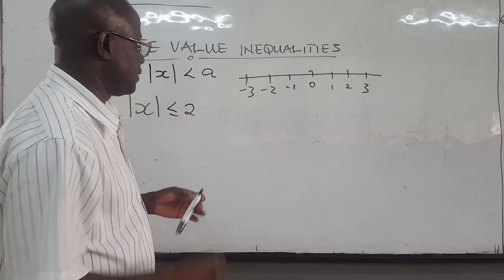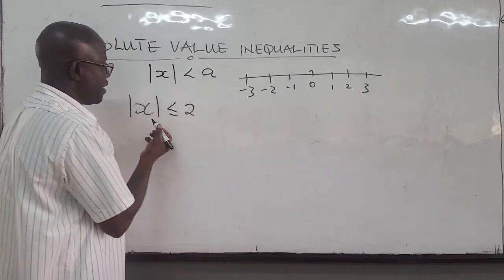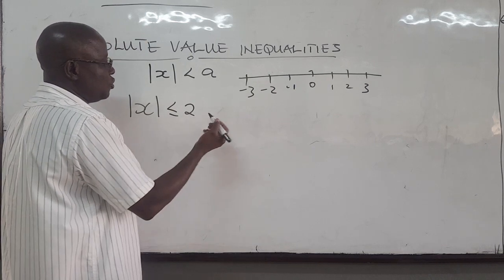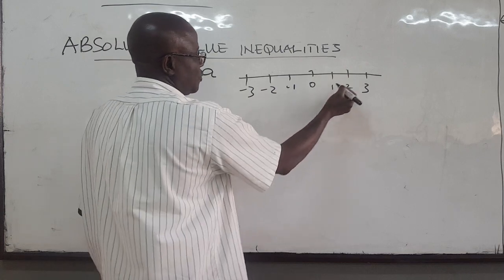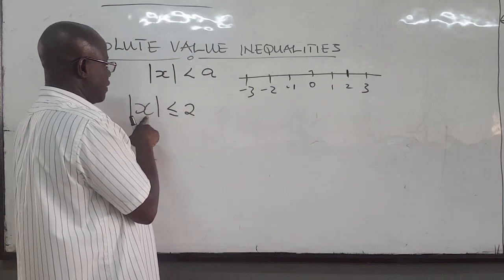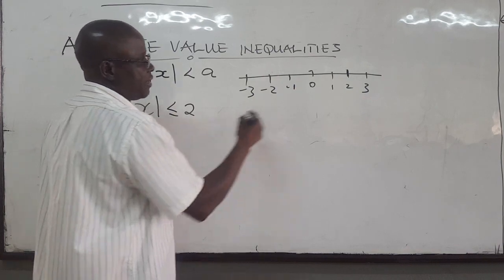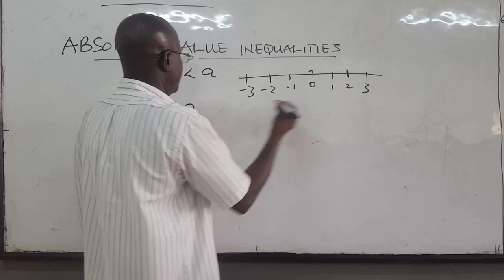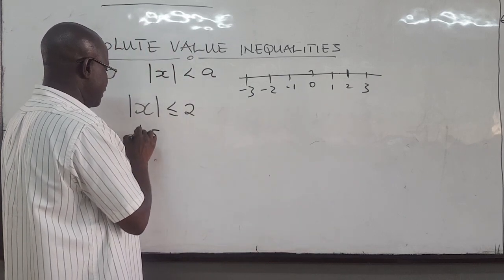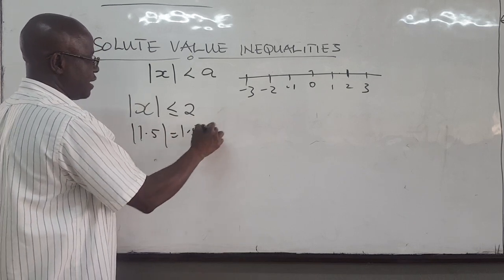all the points, if you look at the positive side, every number with a distance that is less than 2 will qualify. So 2 is fine because the absolute value of 2 is equal to 2. They are equal, so that is fine. If I take 1.5, it will satisfy this because the absolute value of 1.5 is 1.5, and that is less than 2.